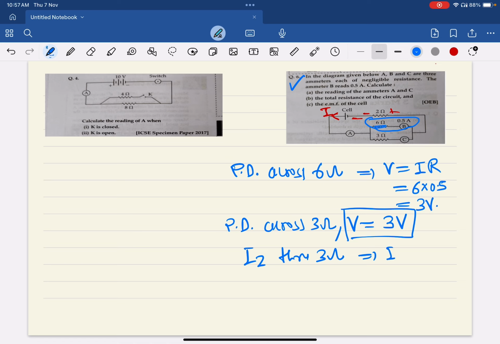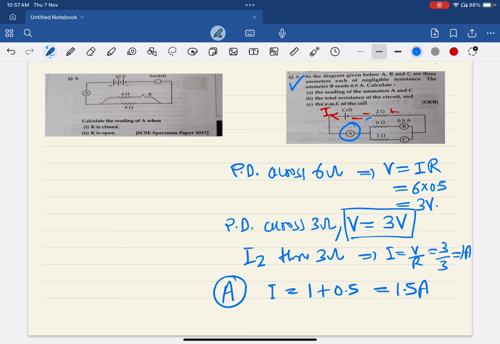I is equal to V by R, so 3 by 3, which is 1 ampere. So current flowing through 3 ohm is 1 ampere. So reading of ammeter C should be 1 ampere. And we know that I equals I1 plus I2, which is the current flowing through ammeter A. So we will simply say it would be 1 plus 0.5 or 1.5 ampere.